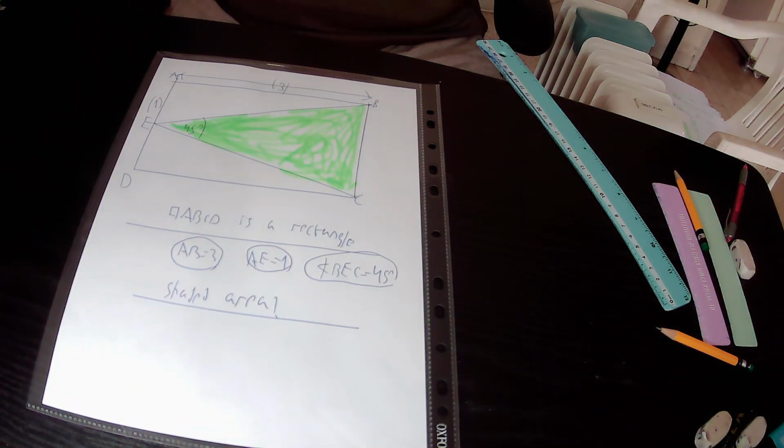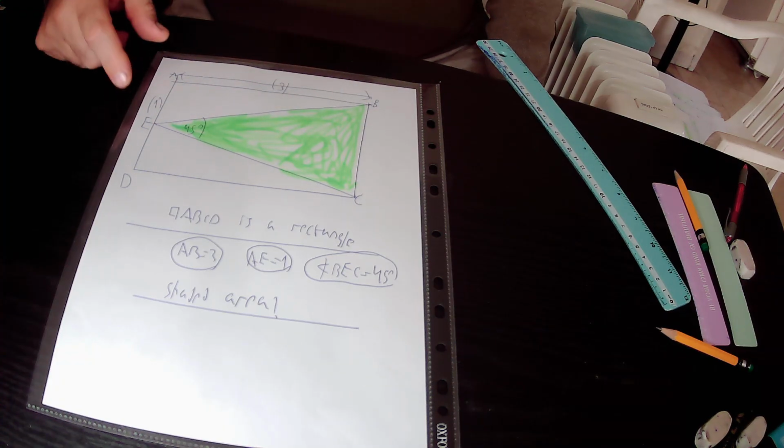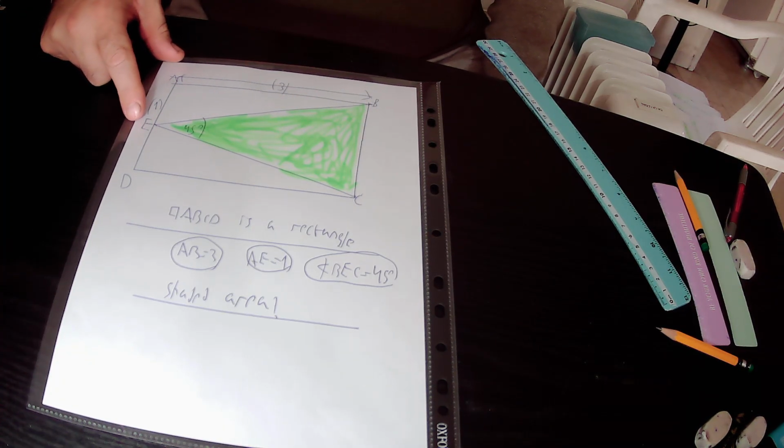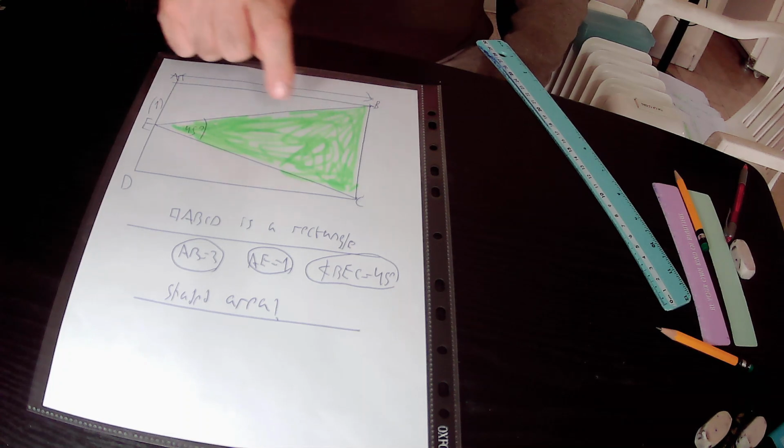Our task in the first question is to find out the area of this ring shape. So in the drawing we have a rectangle ABCD. This is line segment AE, which equals 1 unit in its length. Side AB of rectangle ABCD equals 3 units in its length. Inside this rectangle ABCD we have this green shape.